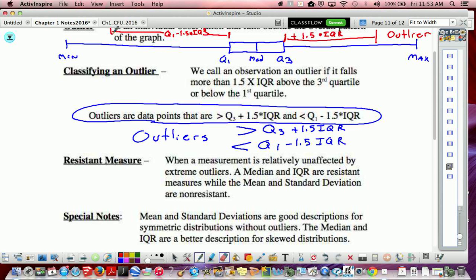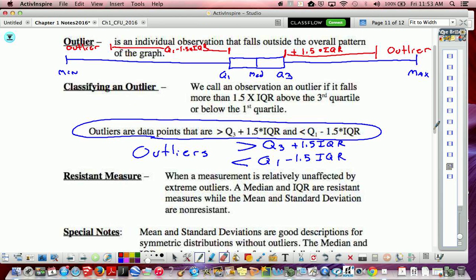I'm going out that distance, and anything that's less than that is considered an outlier. Kind of hoping that visual helps you see and understand how this formula works. You take Q3, add 1.5 times the IQR to it. Anything above it, outlier. Subtract that distance from Q1, anything below that is an outlier.